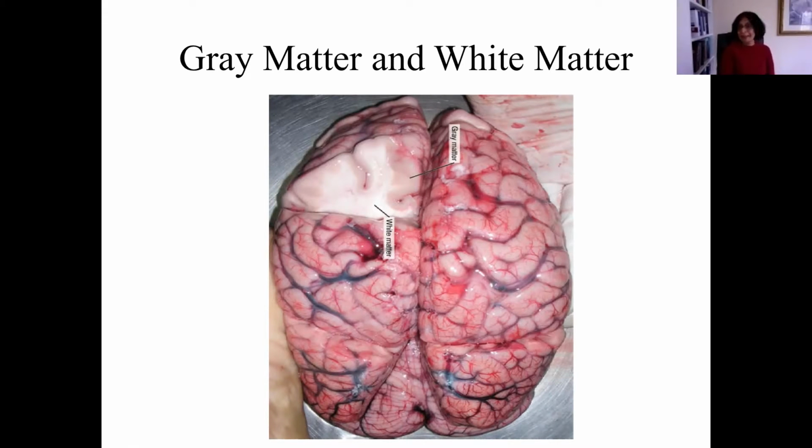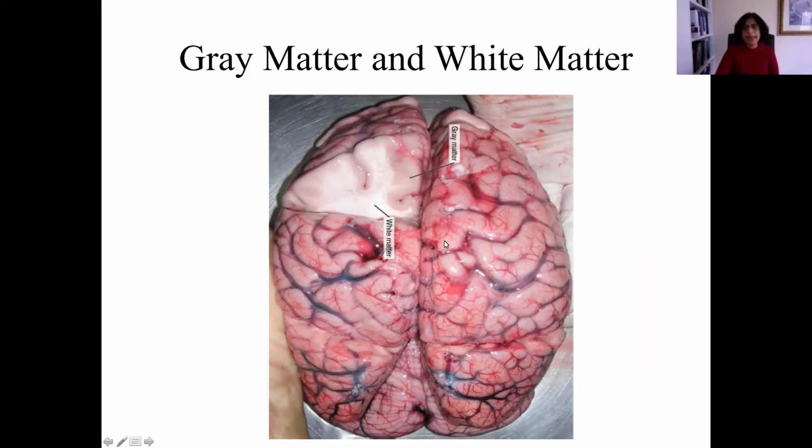Gray matter is the collection of cell bodies and the dendrites, and they appear somewhat gray or dull because they do not have that myelin coat. Axons do. And the places where you have concentrations of axons is referred to as white matter.